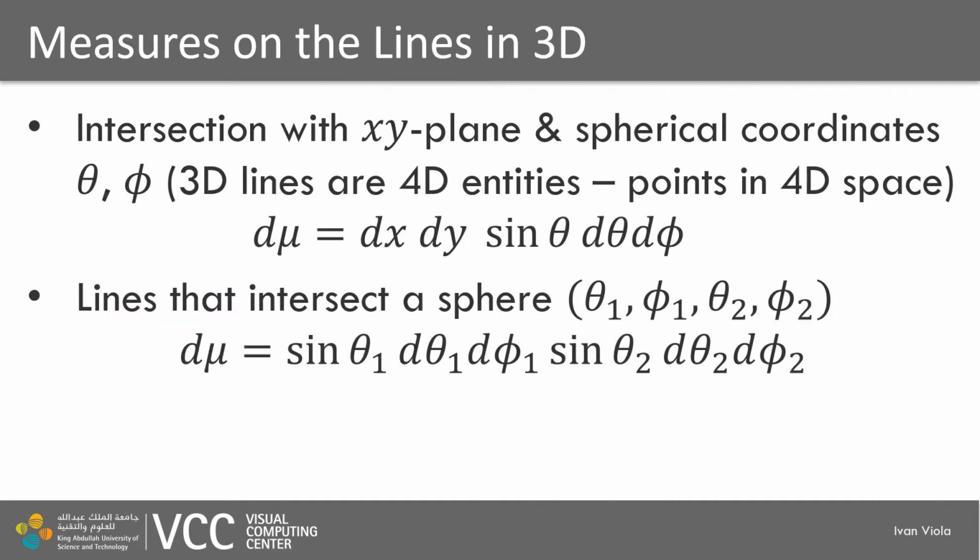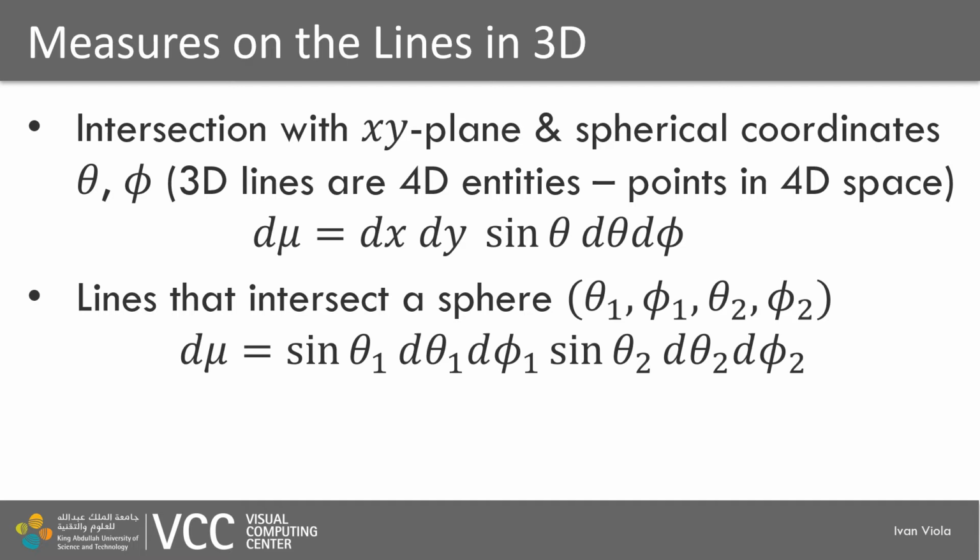Once we have such a measure of lines, then we can use it, for example, for computing the average length of a line. So if we have the measure, then for each element of that measure we have a particular line, and we calculate the length of that line when it intersects, for example, the rectangle 0, 0, 1, 1.